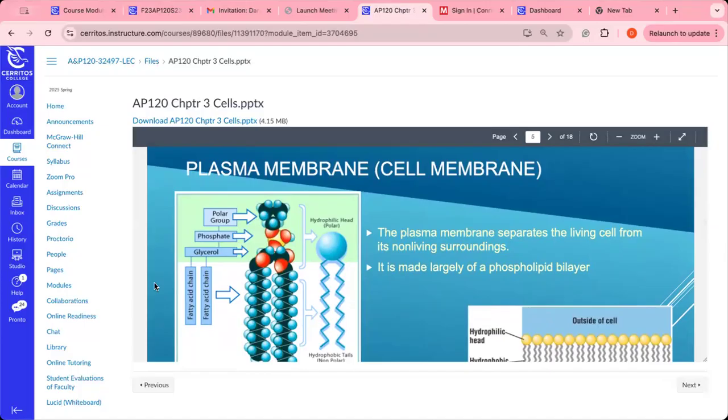So the cell membrane separates the living cell from its non-living components, and it is made largely of phospholipids. Again, we've got the hydrophilic head, the hydrophobic tail.